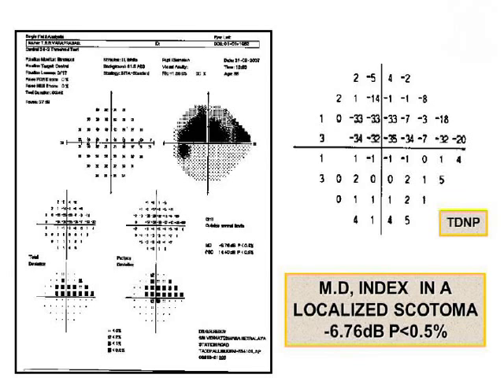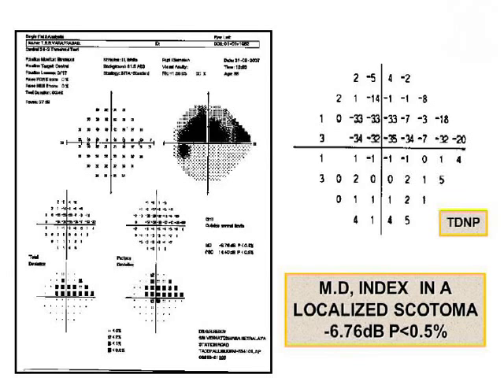But it is a localized scotoma. The loss is only confined to this area, where at other points the retinal sensitivity is normal. But this loss is distributed among all the points and expressed as a mean deviation index. So a mean deviation index in a localized scotoma is not the true index of loss of retinal sensitivity. And this is a very, very important concept.